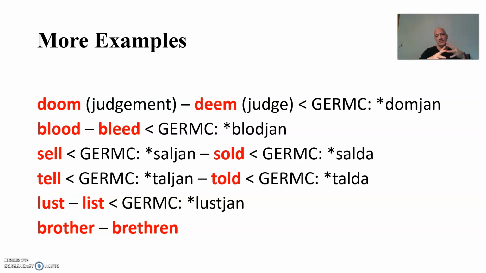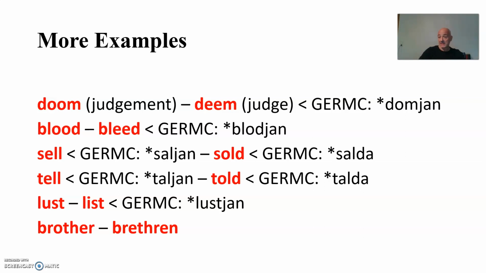The verb corresponding to doom was domian, which then, because of the y, turned into deem, eventually: domian, dömian, demian, then dem, and then great vowel shift into deem. You know the trick right now. I didn't give you the whole thing.